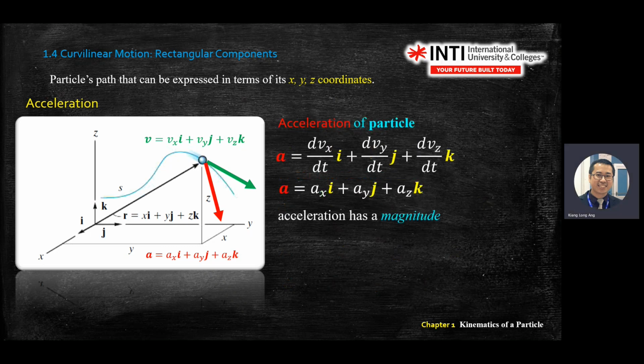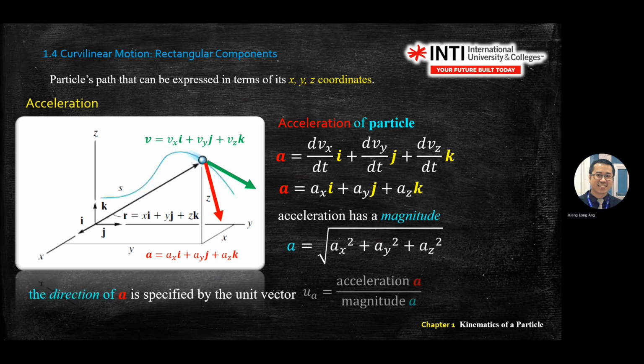All right, so still the same: to find the magnitude, square this one, square this one, square this one, square root. To find the direction, take the position divided by the magnitude. Make sense?